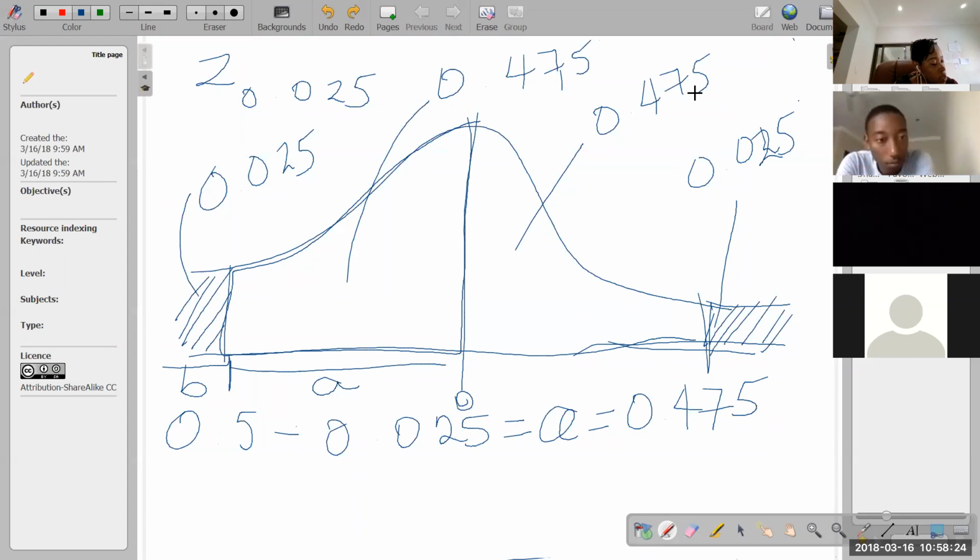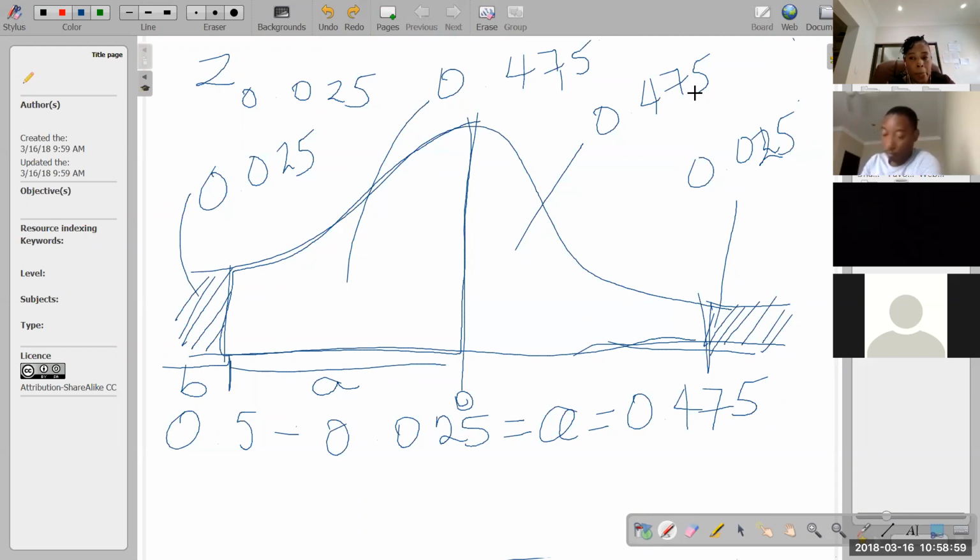If you check 1.9 under 0.05, you get 0.4744 on your table. The next one is 0.4750, which is exactly what we need. If you check, it is where 1.9 intersects with 0.06.